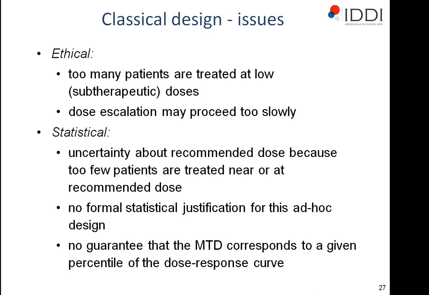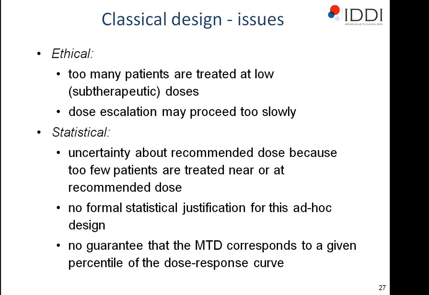From a statistical point of view, there are several issues. First, there's a large uncertainty about the recommended dose because too few patients are treated near or at the recommended dose. Essentially, you can have as few as 3 patients treated at such a dose. There's no formal justification for this ad hoc design. Essentially, there's nothing related to optimal dose selection or efficiency underlying this design.